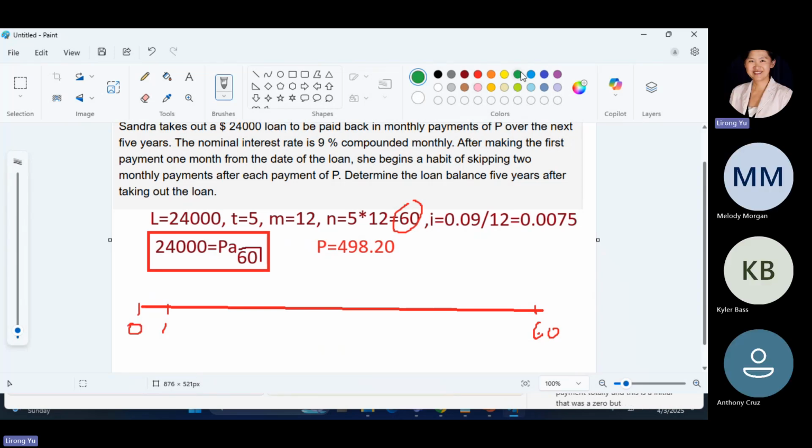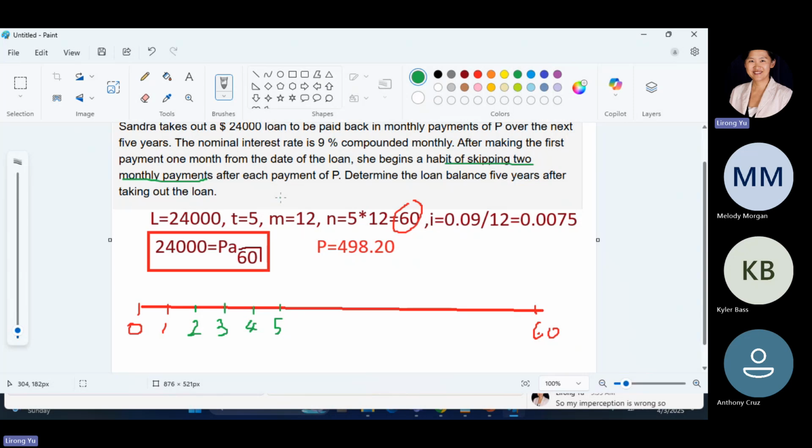But she skipped 2, so she was supposed to pay per month. Then there's no payment at time 2, there's a payment at time 3, and there's no payment at time 4, and then there's a payment at time 5. Let me see. She has a habit of skipping 2 monthly payments after. So my perception is wrong.